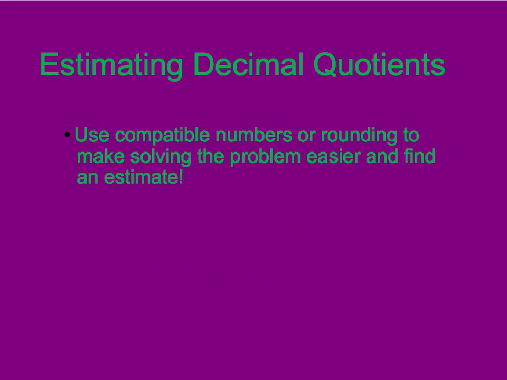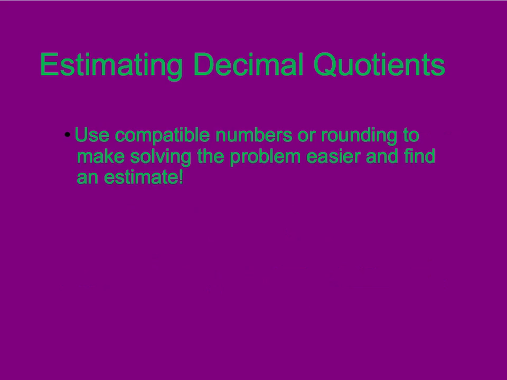When estimating with decimals, we're still going to use the same strategies that we've been using all year: either using compatible numbers or rounding to make the problem easier. Remember, when you're finding an estimate, you should be making the problem so easy that you can do it mentally. To me, compatible numbers works the best in division.